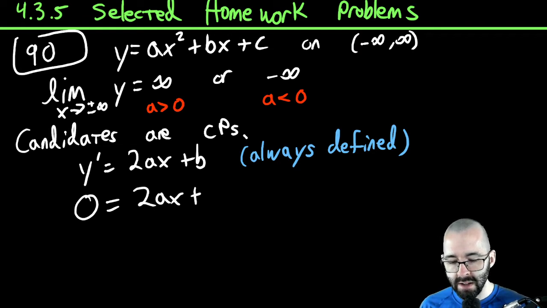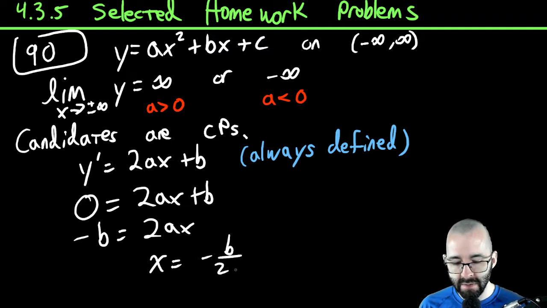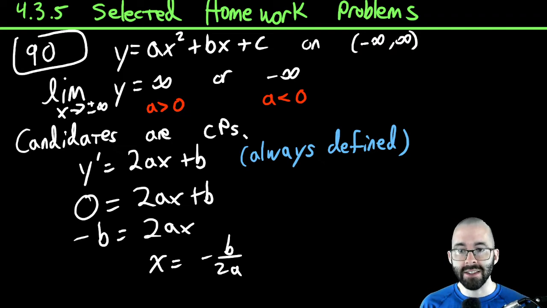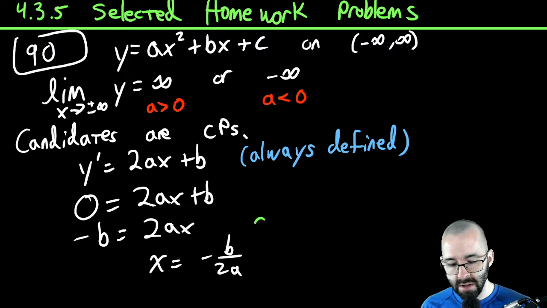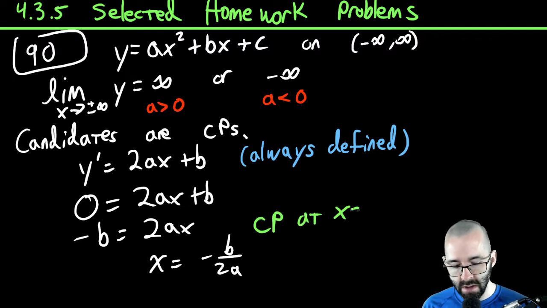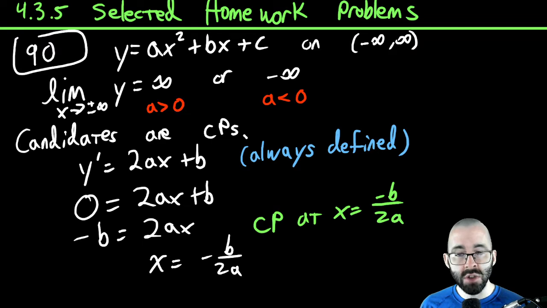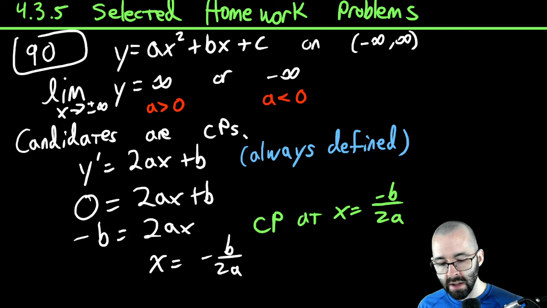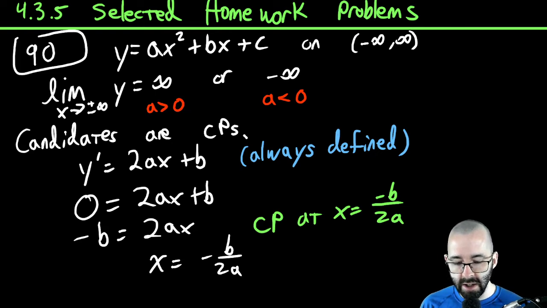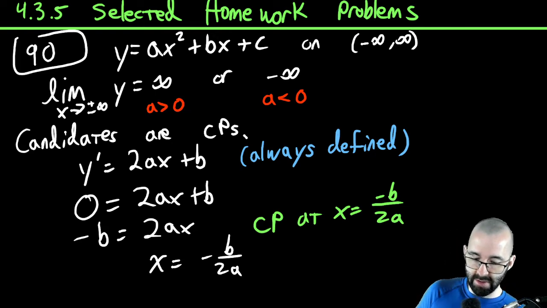Well, when is that? Let's subtract b from both sides and divide both sides by 2a. There's a critical point when x is equal to negative b over 2a. So there's definitely a critical point here. It does remain to show that there's an absolute maximum or an absolute minimum.